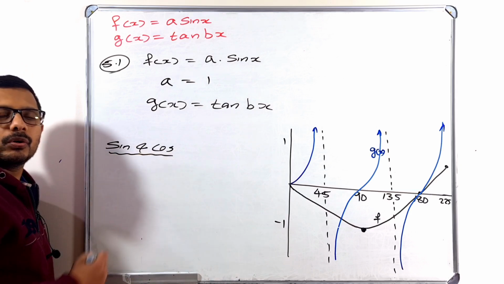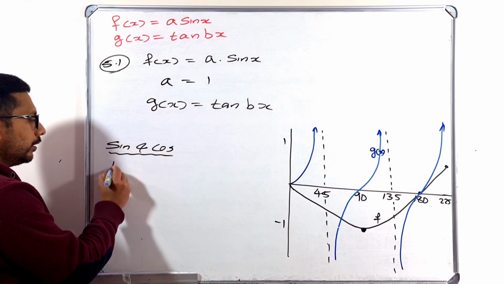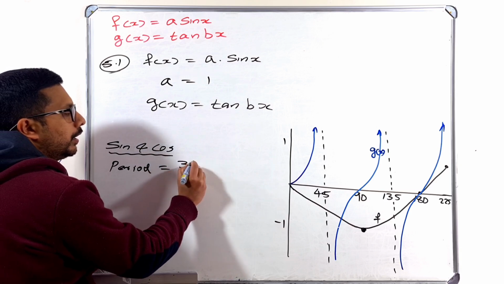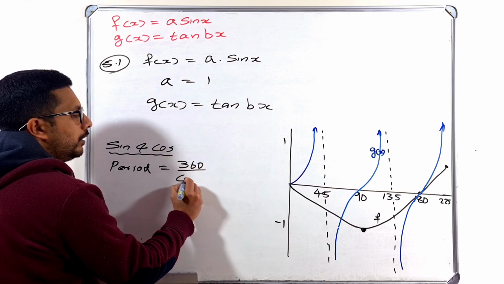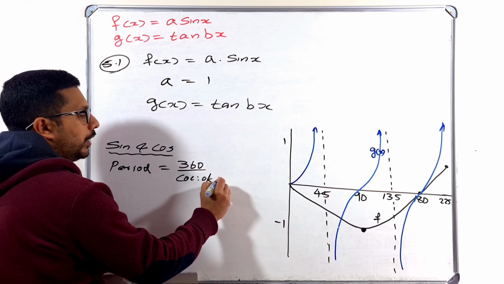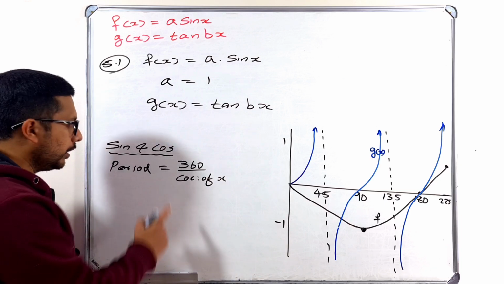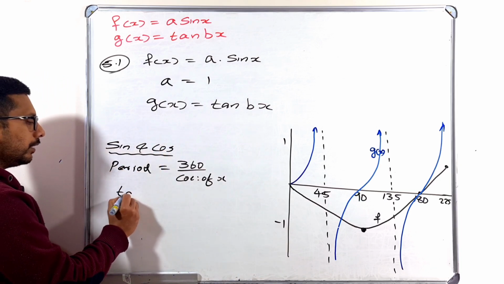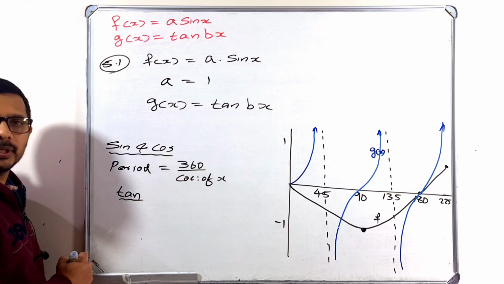For sine and cos graph, how can you find the period? Period is equal to 360 divided by coefficient of x. Do you remember this one? Okay, 360 divided by coefficient of x. And for a tan graph, what is the period?